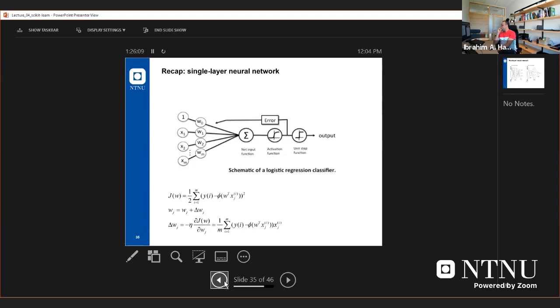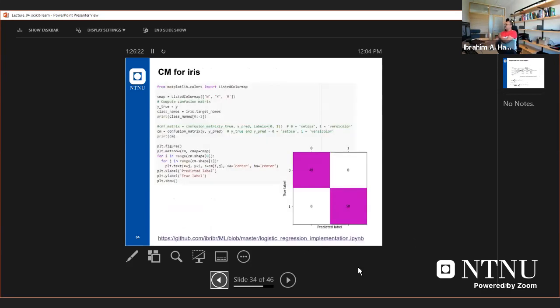And in fact, we have here 3 classes. We have 0, 1, and 2, for example. So if we go back to this one, we have 49 class 0 classified as 0.